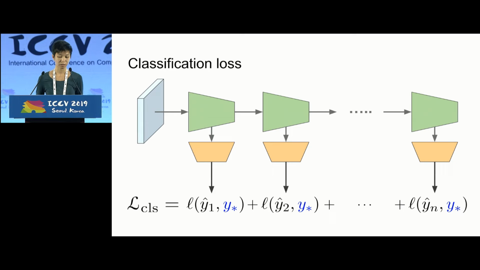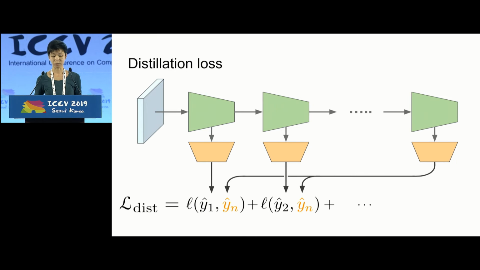The first component is the classification loss. Here, we simply compare the prediction of each exit to the ground truth, and we sum up the losses from all exits. This is a very standard component, which also appears in previous work. The second component is the distillation loss.